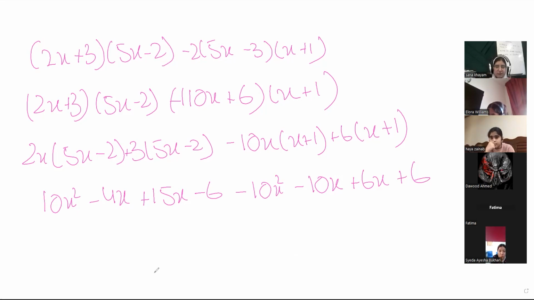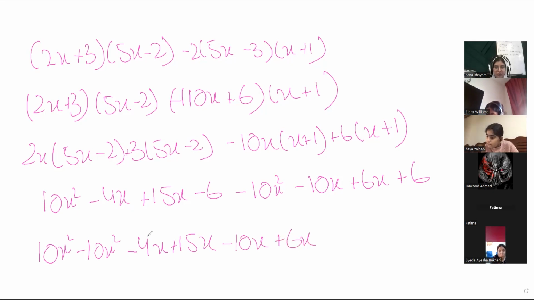Is this thing clear? Now bring down the values on the one side. Solve this and tell me the answer that you guys are getting.